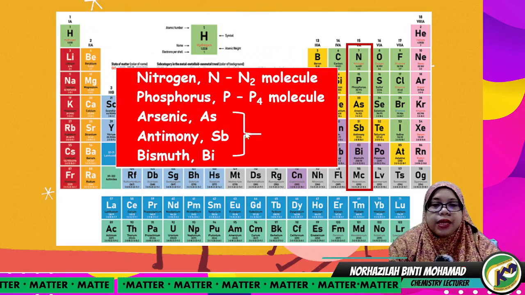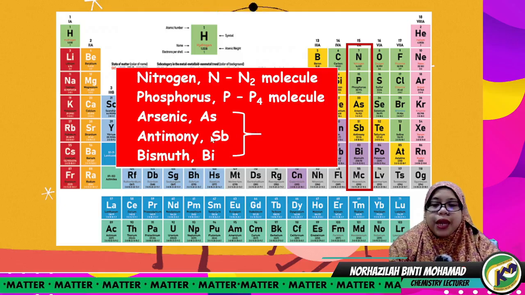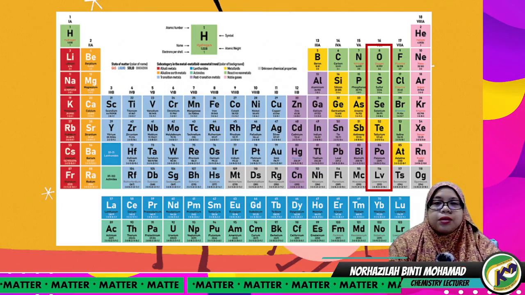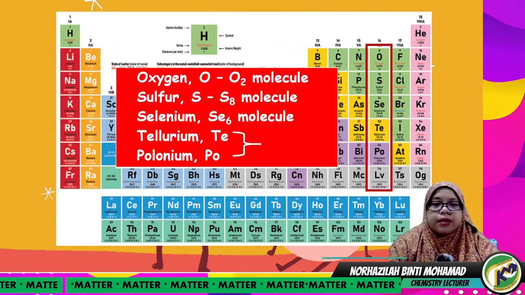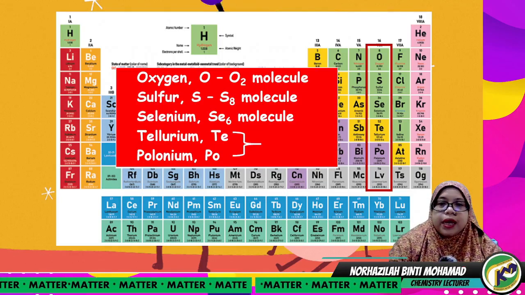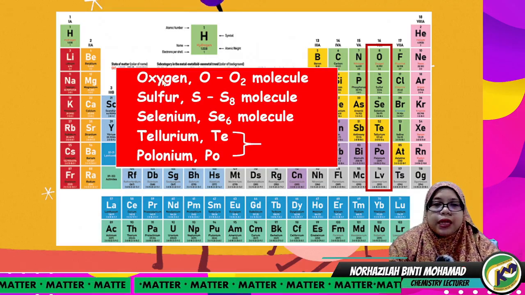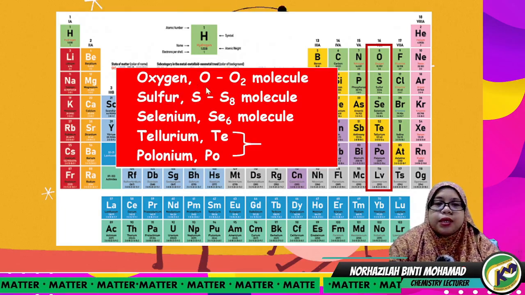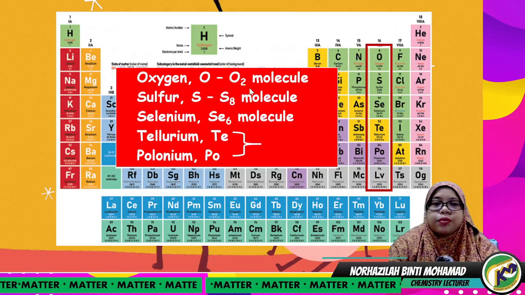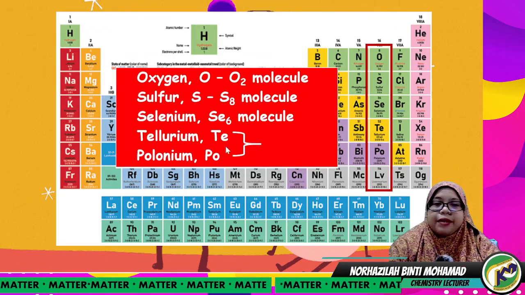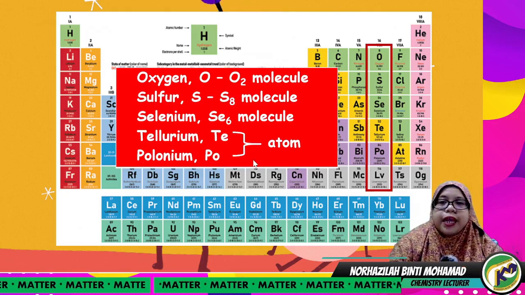The other three elements exist as atoms. How about group 16? We have oxygen, sulfur, selenium, tellurium and polonium. Only oxygen, sulfur and selenium exist as molecules: oxygen forms O2, sulfur forms S8, and selenium forms Se6. But tellurium and polonium exist as atoms.